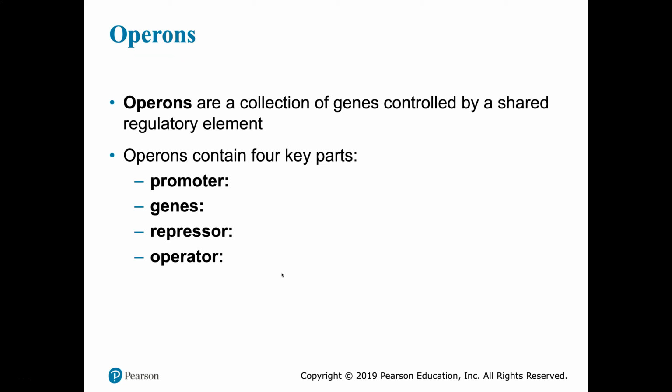Now, one way to control gene expression is through operons. This is unique with bacteria. Operons are essentially regions on the chromosome where genes that have similar functions get placed together.